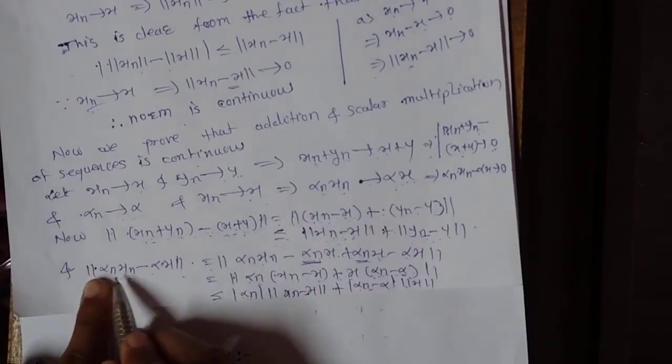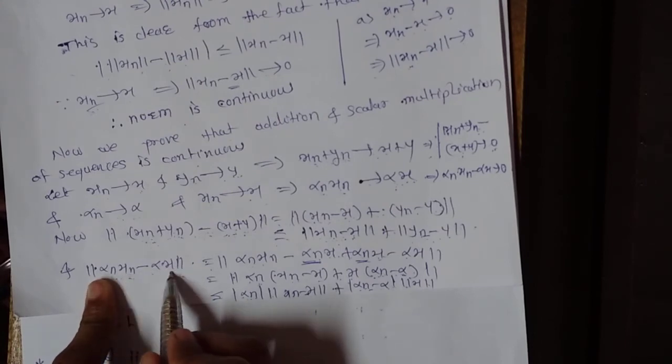Let alpha n be a sequence which converges to alpha, and xn a sequence which tends to x.